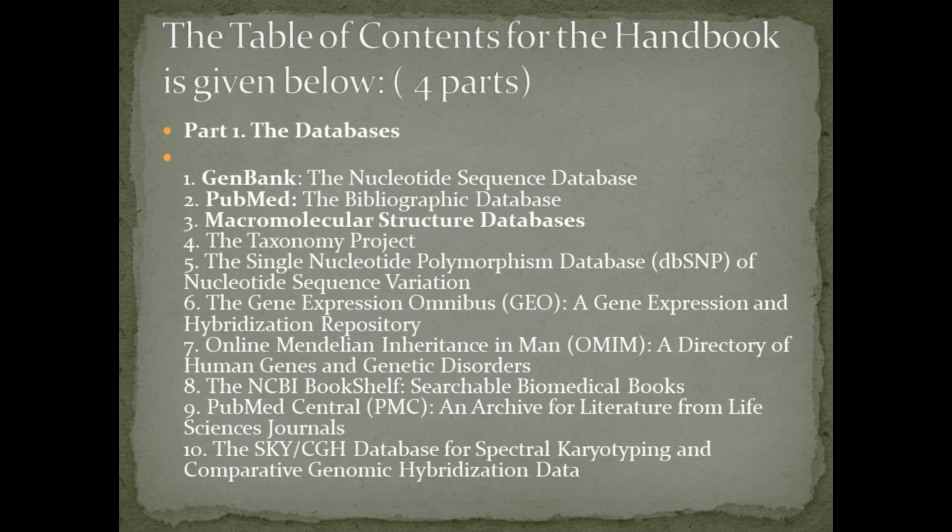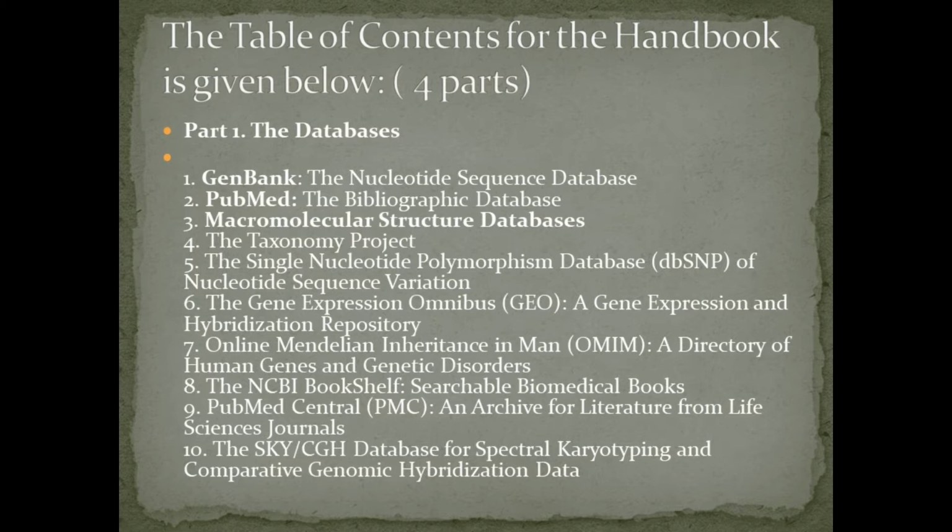It's for the gene expression and hybridization repository database. Online Mendelian Inheritance in Man, for example the OMIM database, and NCBI Bookshelf, searchable biomedical books. Then PubMed Central, PMC, the archive for literature from life sciences journals.